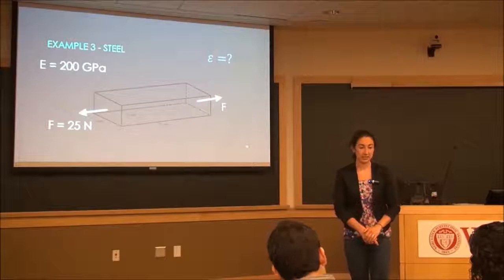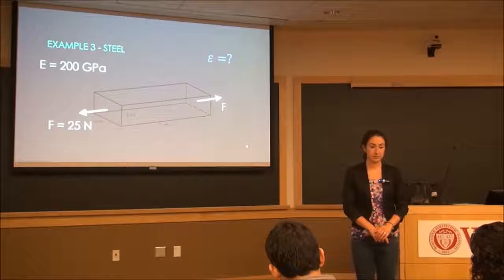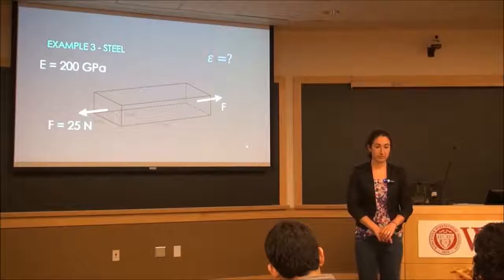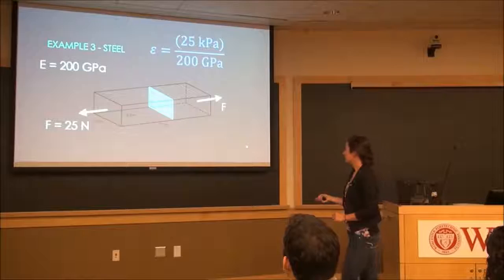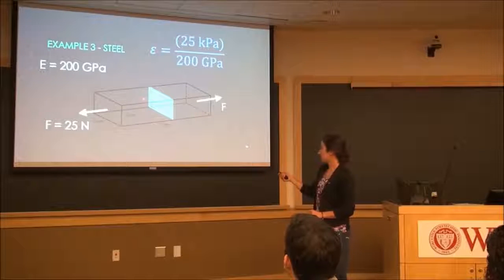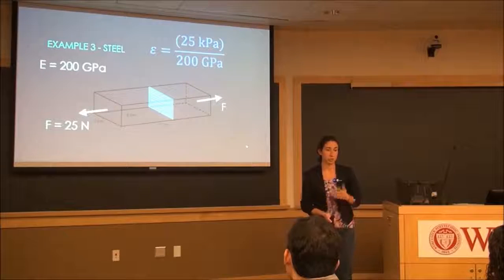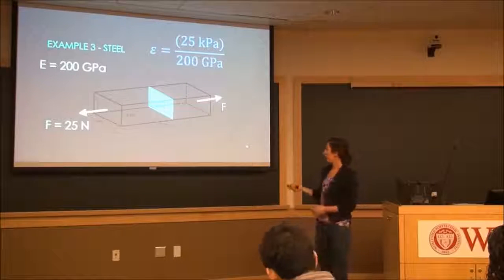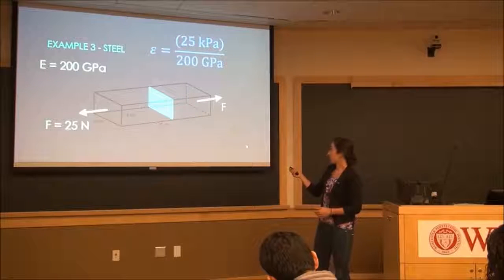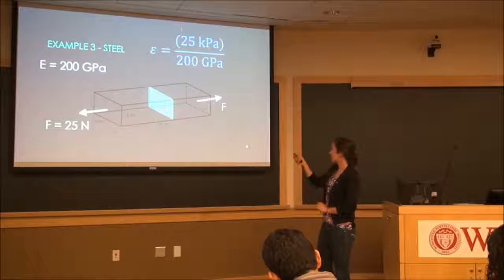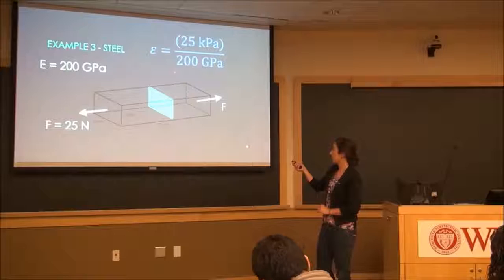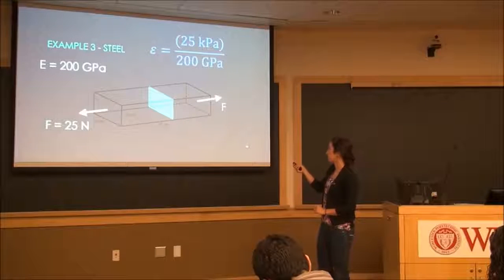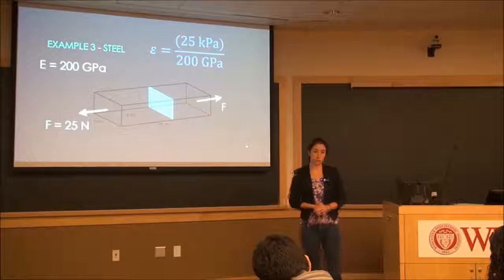I got 0.125 times 10 to the power minus 6. Yes, that is correct. So we're using this cross-sectional area that is perpendicular to the force being applied, much as we did in example 1. And then Hooke's law is the stress, 25 kilopascals, divided by the elastic modulus, which is 200 pascals here.